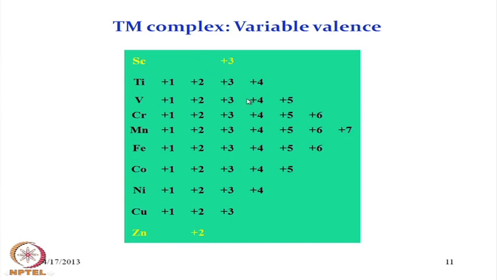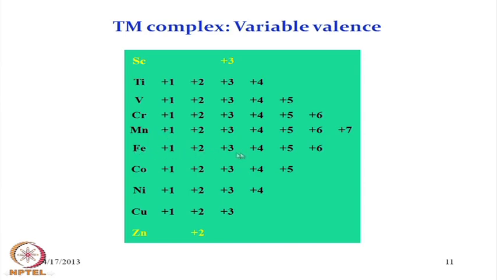But still that d0 system can have a complex species because some strong electron donating anions are attached to them, and they feed some electron density to the empty orbitals of the metal centers. So, that is why these highest possible oxidation states are possible to achieve.